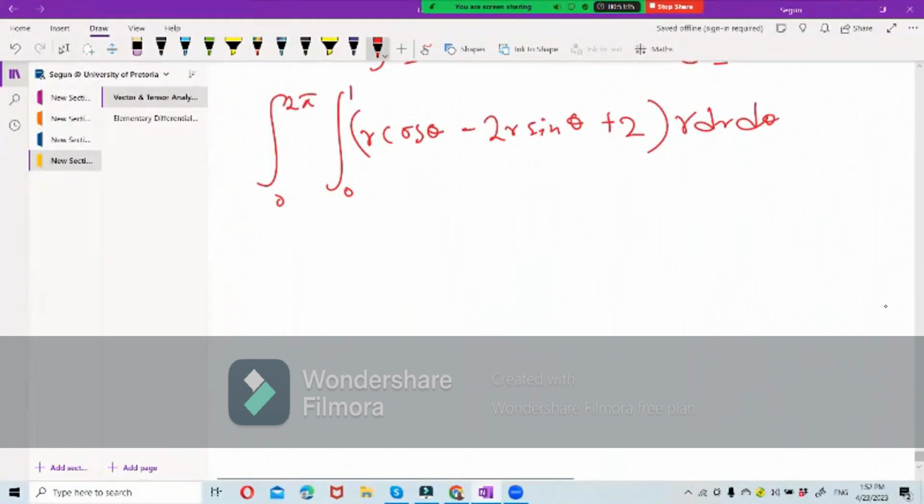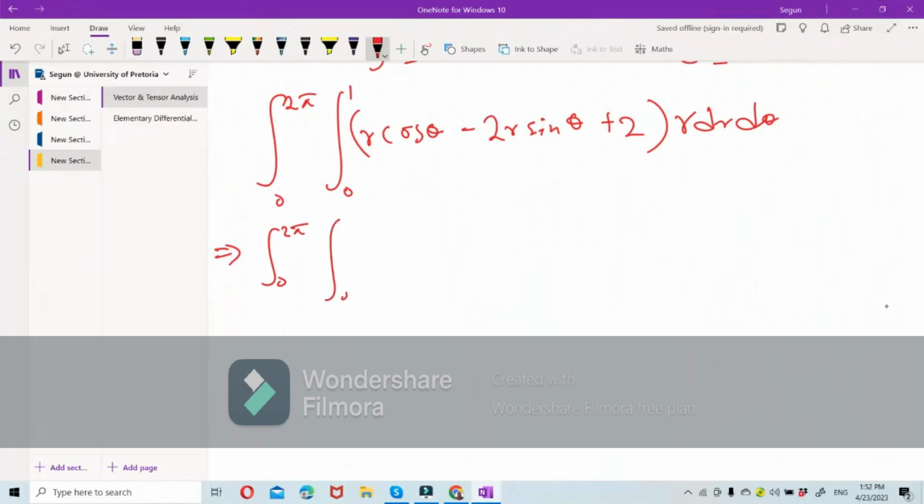So in this case now, let's multiply everything with r first. 0 to 2 pi, 0 to 1. So we have r squared cos theta minus 2 r squared sine theta plus 2r dr d theta.